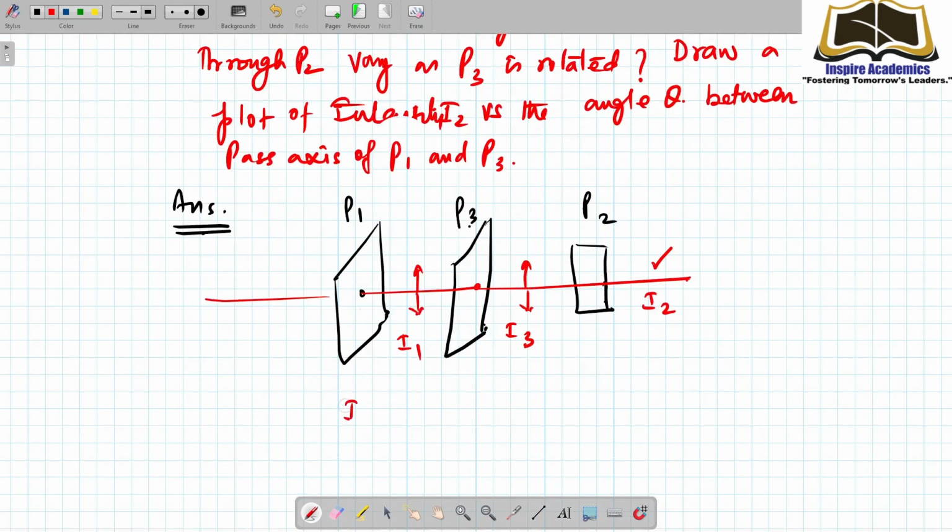I3 will be I1 times cos square theta, correct? Cos square theta. Is this clear?